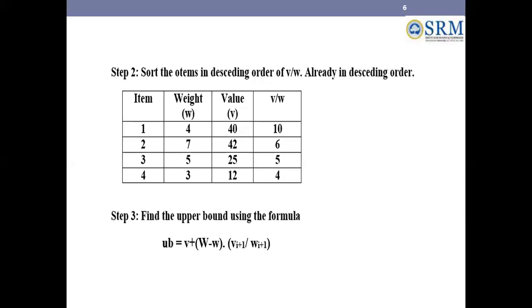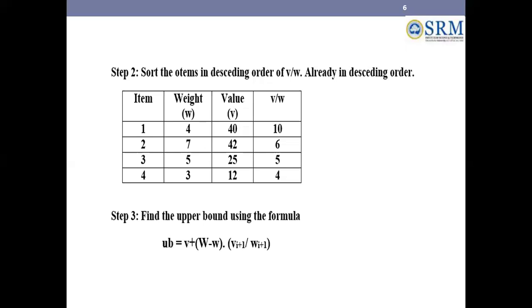And what is the upper bound function formula? Upper bound UB equal to v, where small v is value, plus capital W minus small w, where capital W is the knapsack capacity and small w is the weight of the item, into v i+1 divided by w i+1.